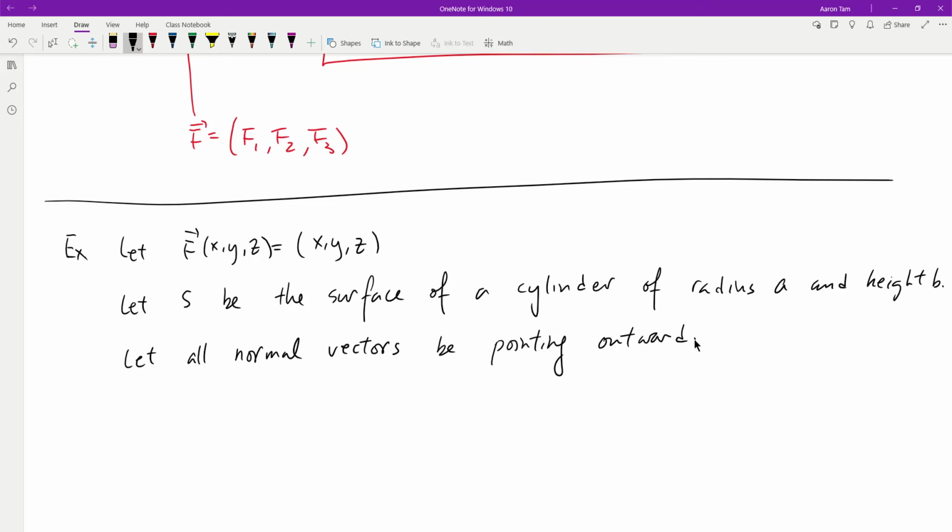I know you're probably not sure what that means, so lucky for you, I have a picture. I'm just going to see if I can insert that picture.